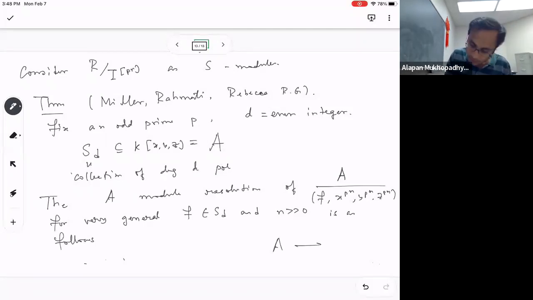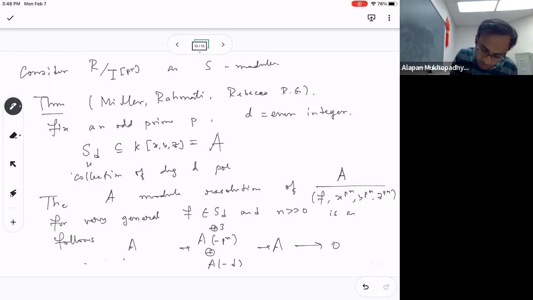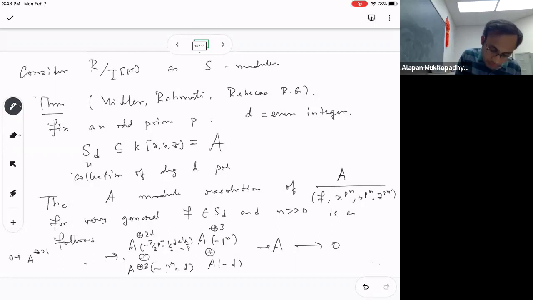It's A, and then A shifted by minus p power n, reduced sum 3 times, plus A reduced sum 3 times shifted by minus p power n minus d, and the last term is A shifted by minus 3/2 p power n minus d/2.